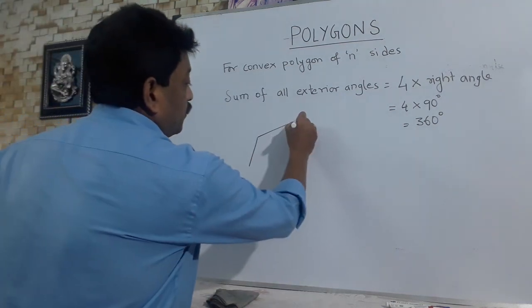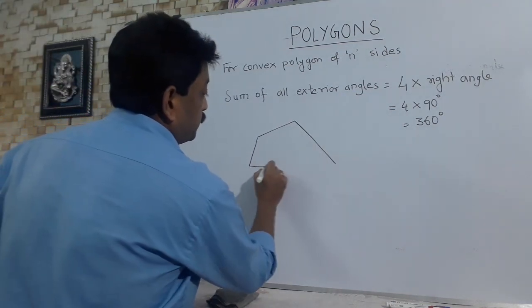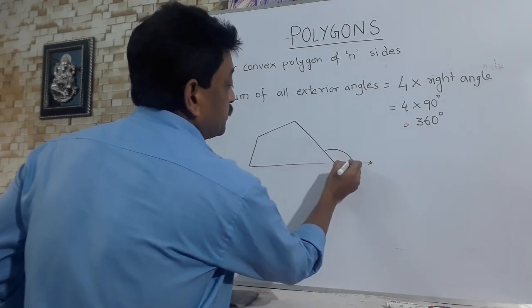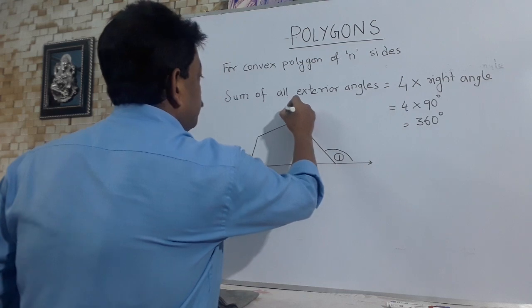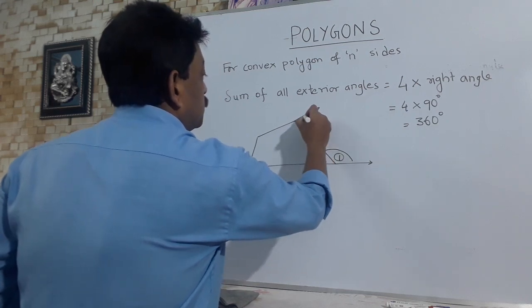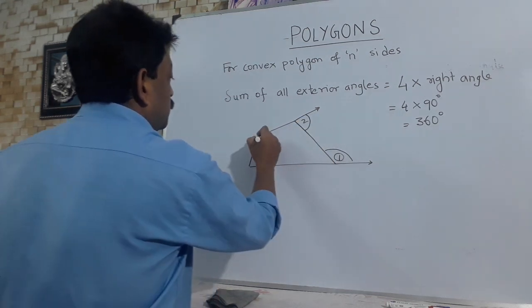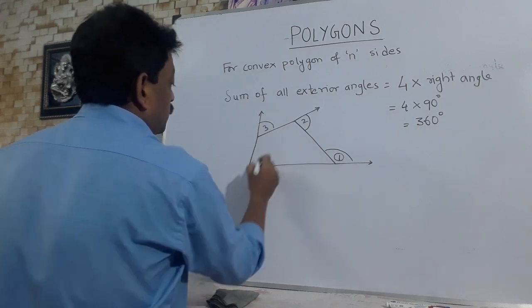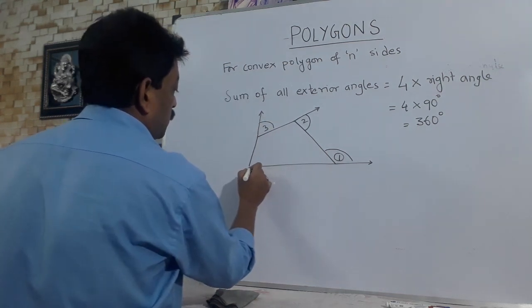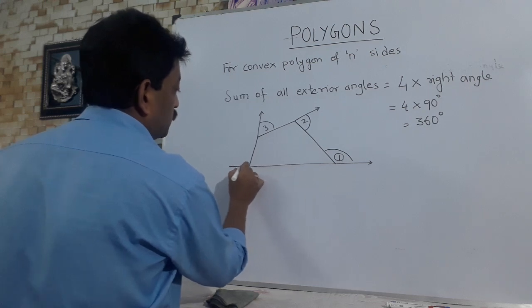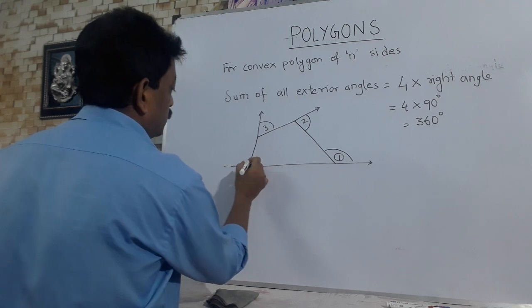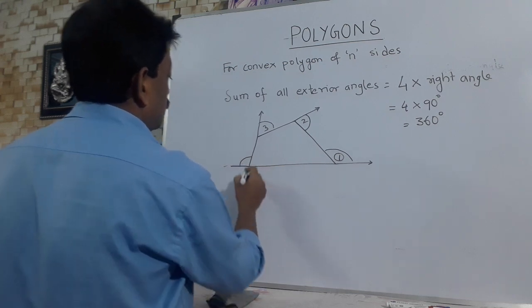Let me take a quadrilateral whose 4 sides are all unequal. Now measure the exterior angles: 1, 2, 3, 4.